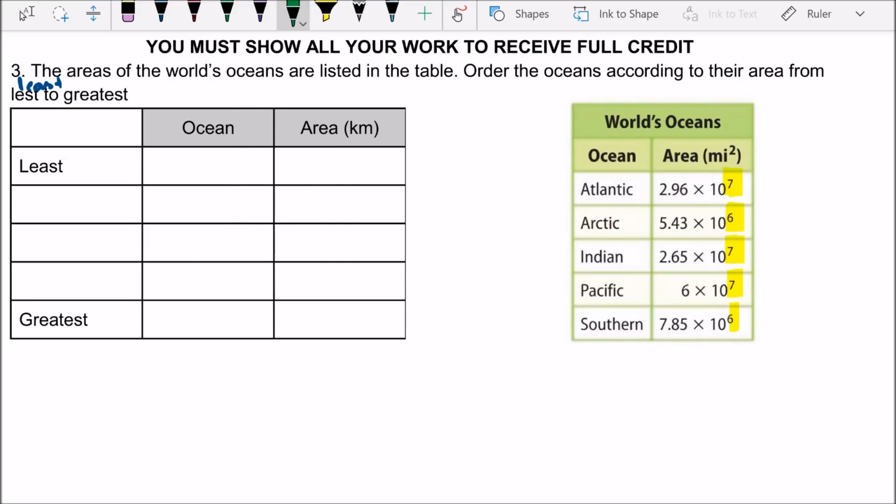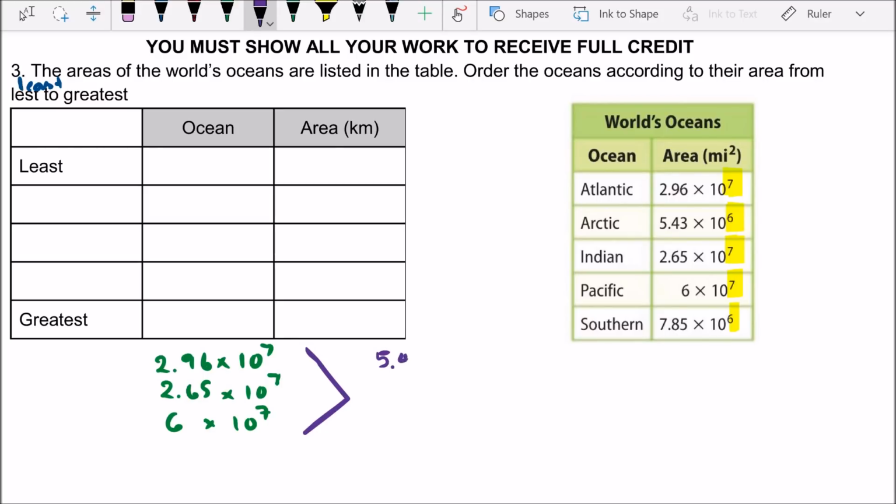So we know that 2.96 times 10 to the 7, 2.65 times 10 to the 7, and 6 times 10 to the 7, because the power of the exponent is higher than the other ones, all these three numbers are bigger than the other two numbers: 5.43 times 10 to the 6, and 7.85 times 10 to the 6.